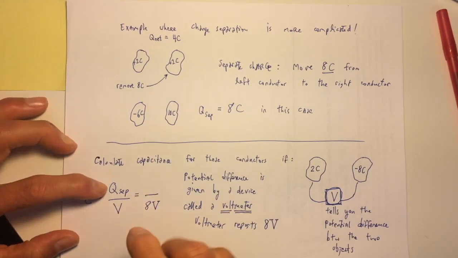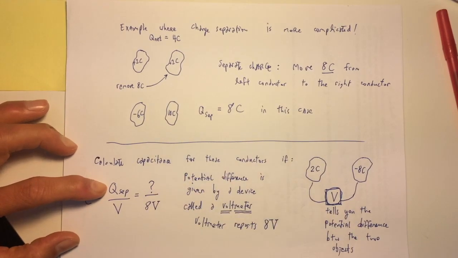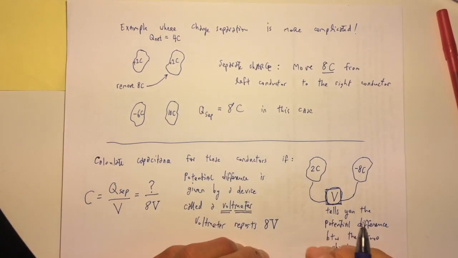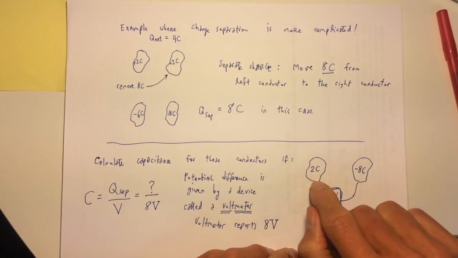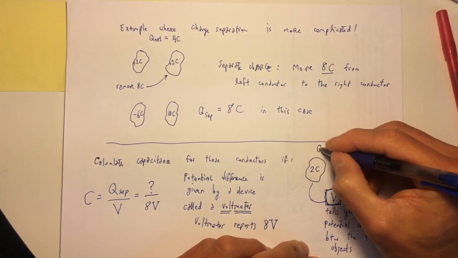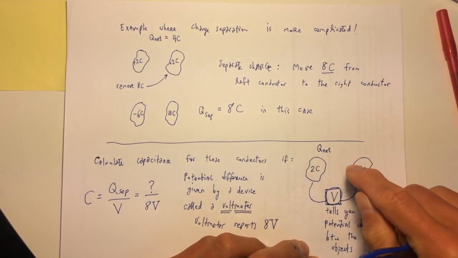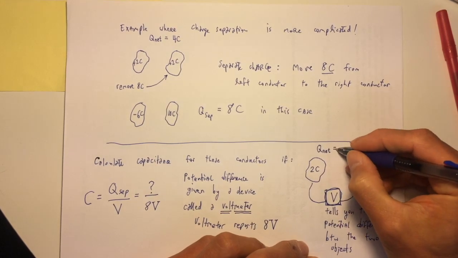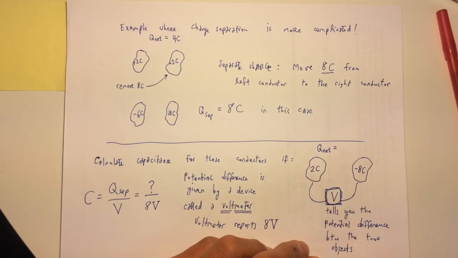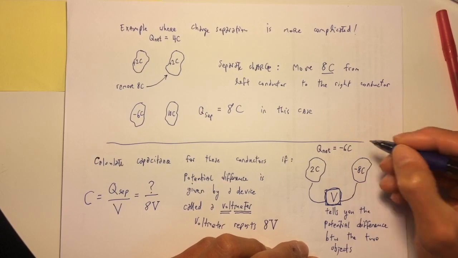But the separated charge, this is the hard part. The easiest thing to do is this. Q net is equal to 2 plus negative 8, which is negative 6.